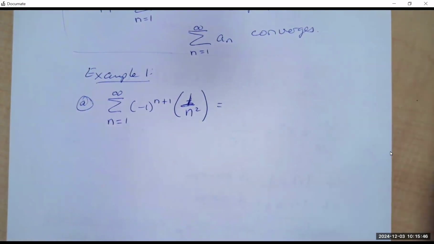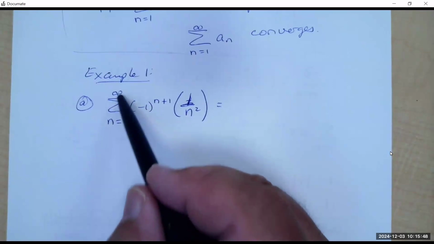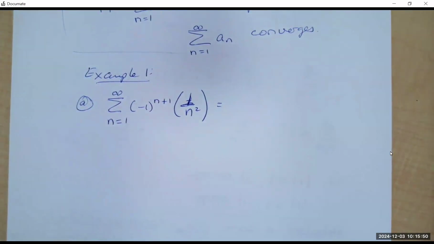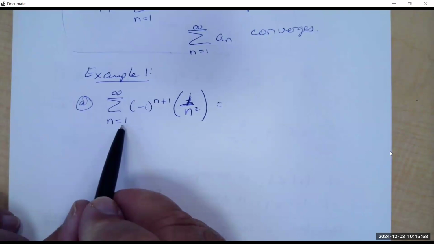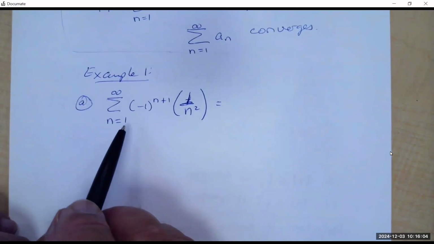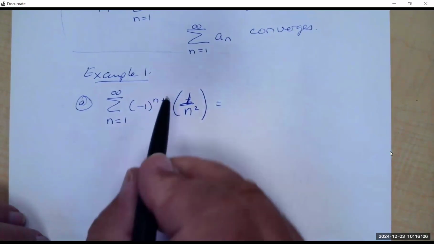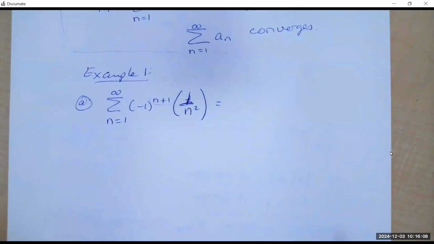Remember what the last section said. When we take our summation, in order for us to be able to use these rules, do we always have to start at n equals 1? Because if you notice, this one goes to n plus 1.